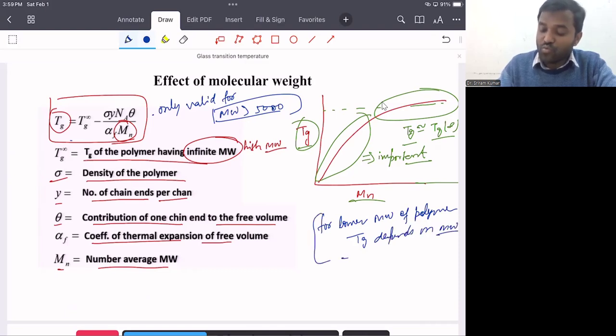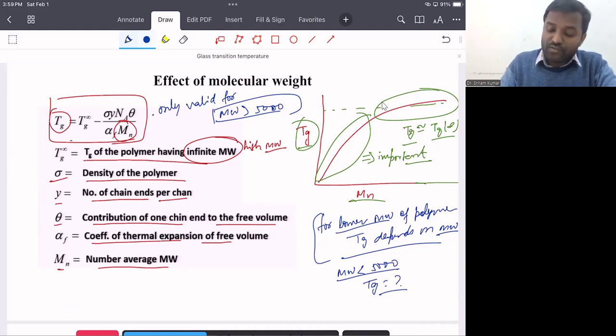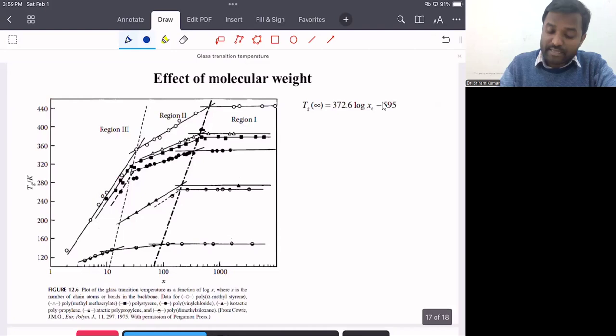We need to know if we have a lower molecular weight, or maybe this molecular weight is less than 5,000, how that gets affected.